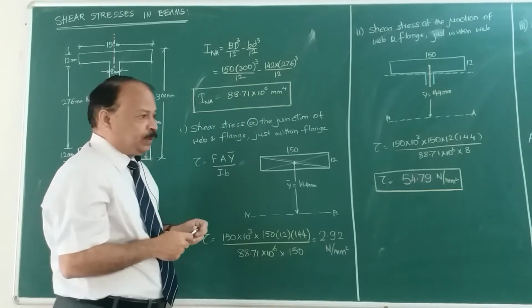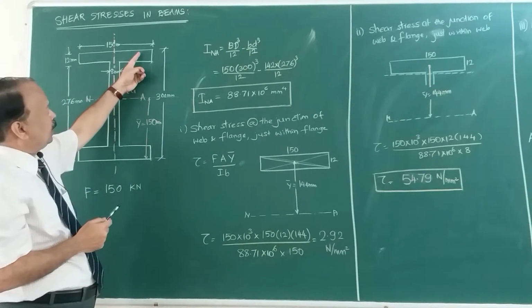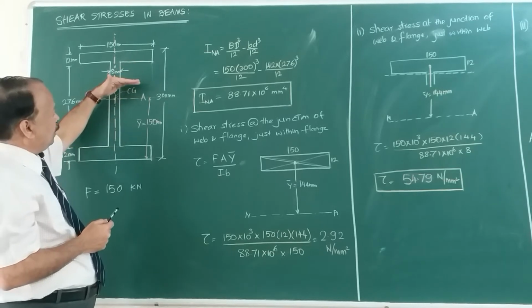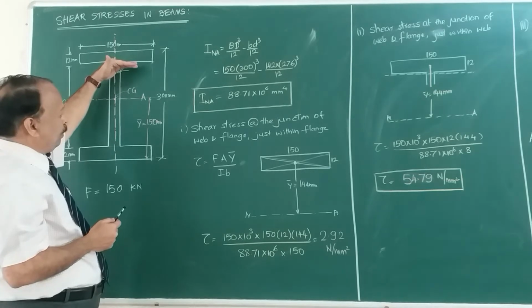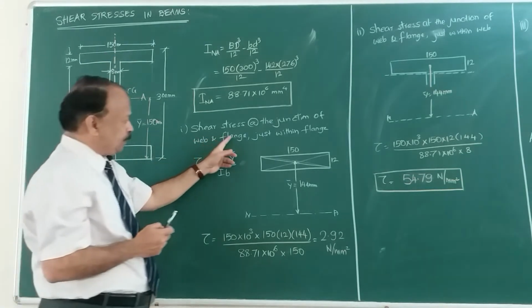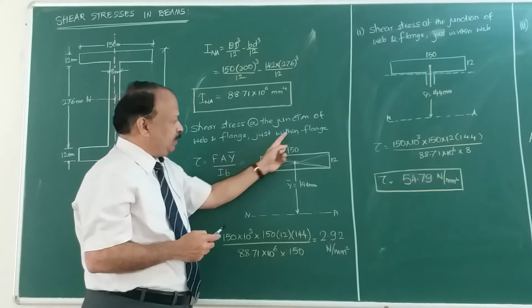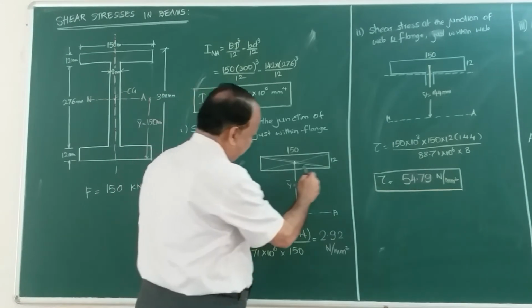So as discussed earlier, we have to calculate shear stress at the junction of web and flange, and first you have to take the section just within the flange. So shear stress at the junction of web and flange just within the flange. So I am taking a section just within the flange.